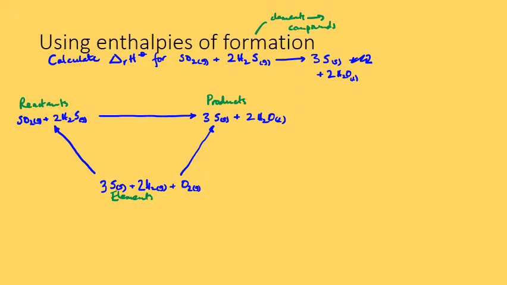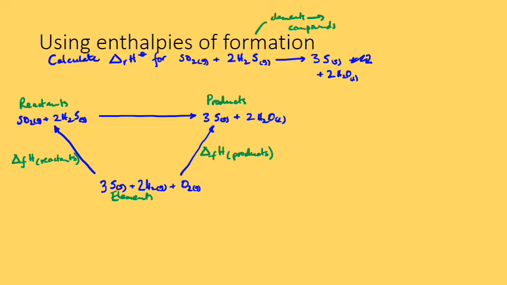Okay, so we could call this left-hand arrow the enthalpy change of formation of the reactants. And in the same way, we could call this right-hand arrow the enthalpy change of formation of the products, like so.